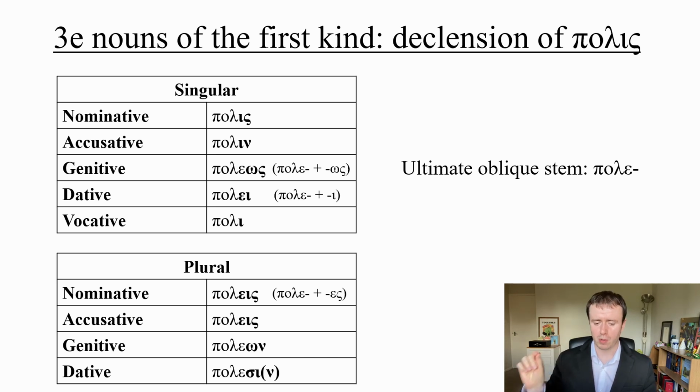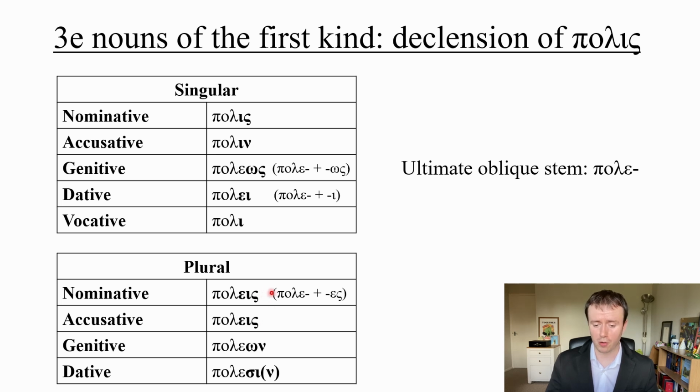In the accusative plural, we have poles as well. Now this is unexpected, because we would expect pole to have us added to it. But instead, like with 3D nouns of the first kind, like trieres, what's happened here is the accusative plural has taken its form from the nominative plural.